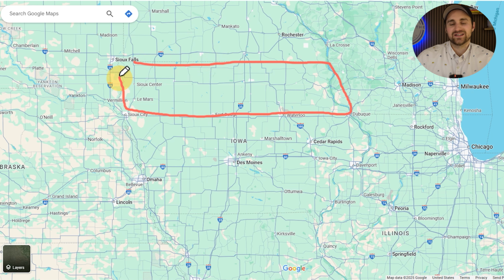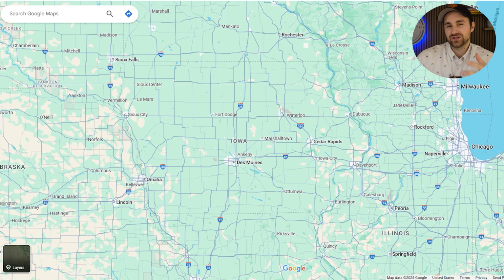This is what I would consider North Iowa. North Iowa is a lot more rural, and a lot more small towns. There's nothing majorly big, with the exceptions of maybe Waterloo and Fort Dodge. But generally speaking, that's going to be smaller towns and more rural properties.